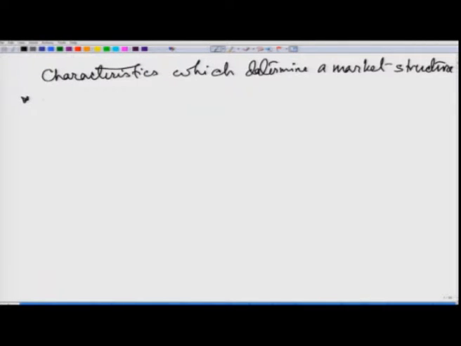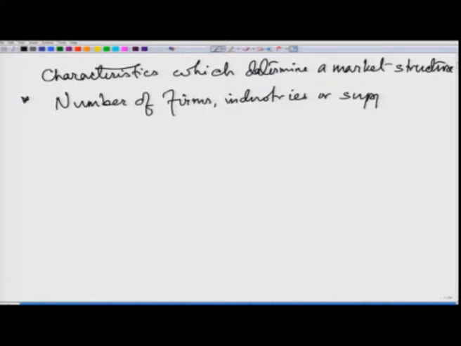It starts with the number of firms, industries or suppliers. Depending upon how many industries, how many firms, how many suppliers, how many healthcare providers there are, that is one important characteristic which determines what kind of market it is. That is not all, because we have plenty of things to come.